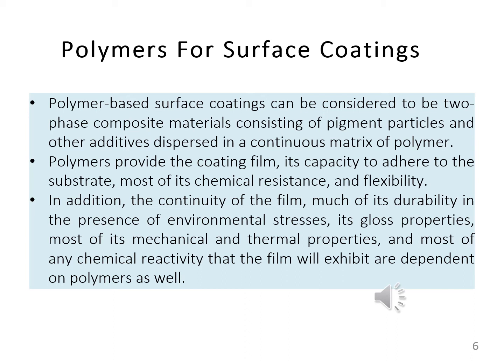So basically, the polymer-based surface coating is considered to be a two-phase composite material, consisting of pigment particles and other additives, dispersed in a continuous matrix of polymers.